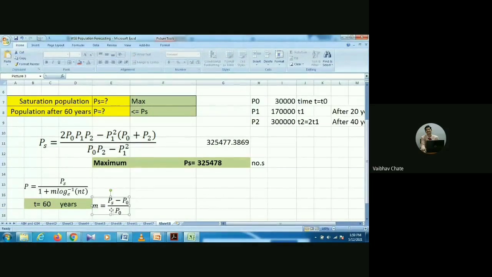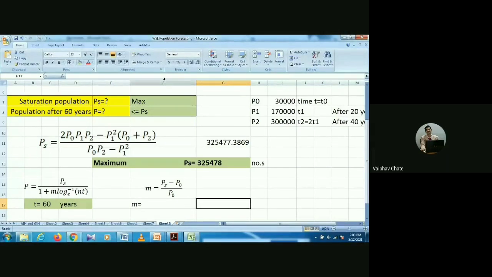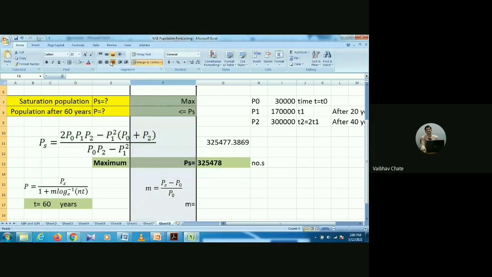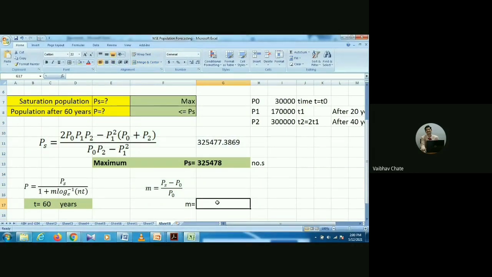So let us say m is equal to, now m is nothing but Ps minus P naught. So what is the Ps value we have got? We have got it as 3,25,478 minus what is the P naught value?